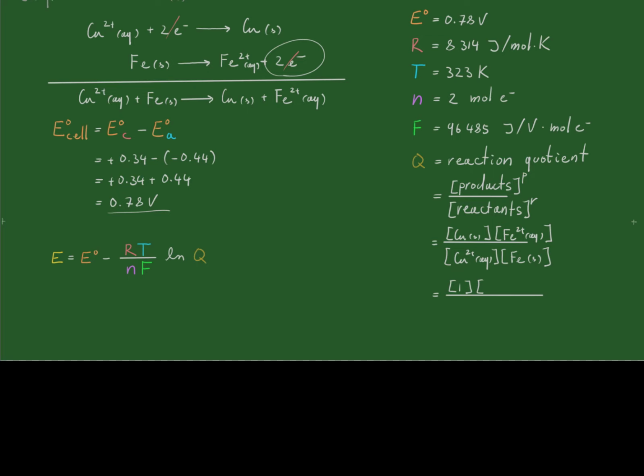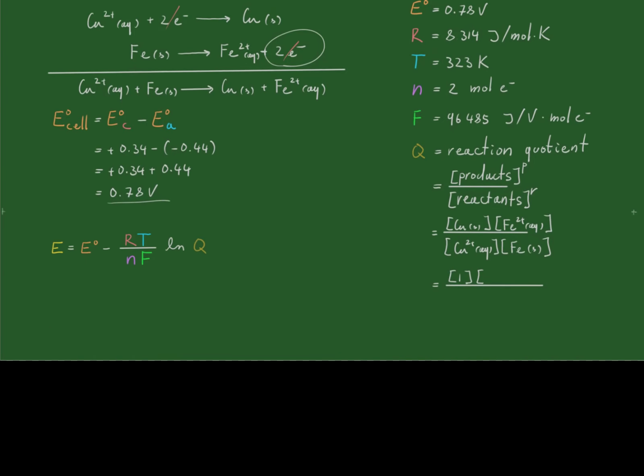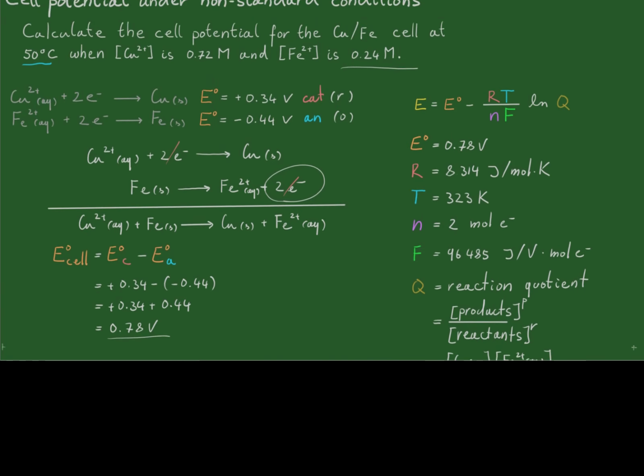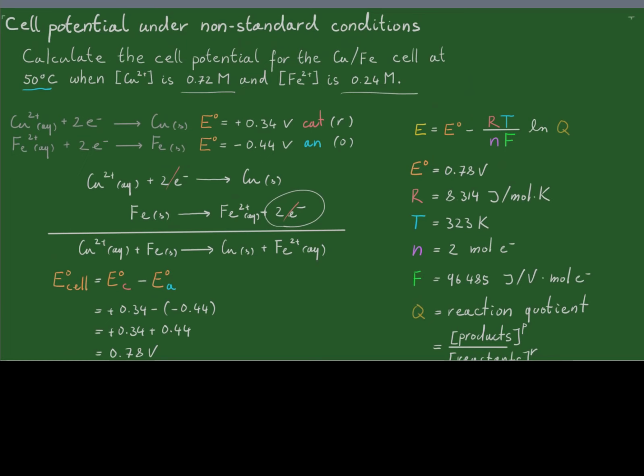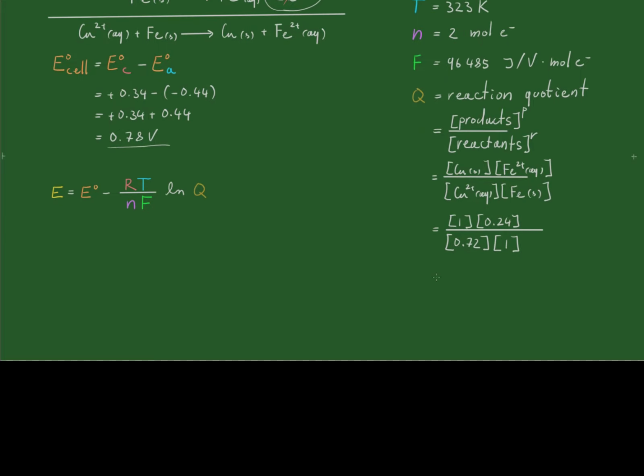The concentration of iron ions is given up here as 0.24. The concentration of copper ions is given also in the question as 0.72. And the concentration of iron solid can be taken as 1. That leaves us with 0.24 over 0.72, which is 1/3 or 0.33 recurring.